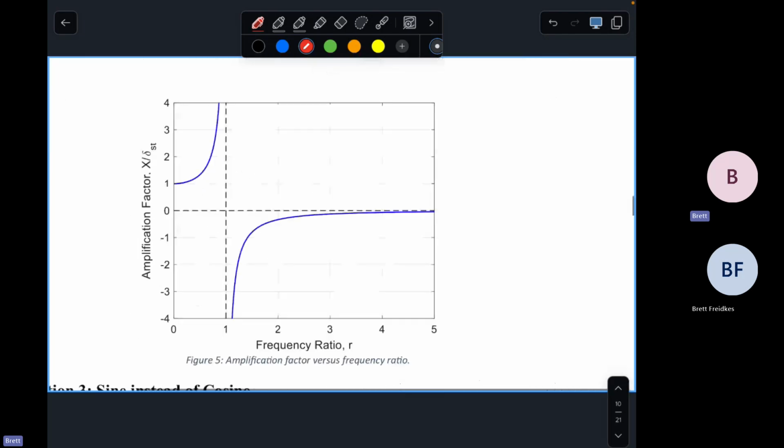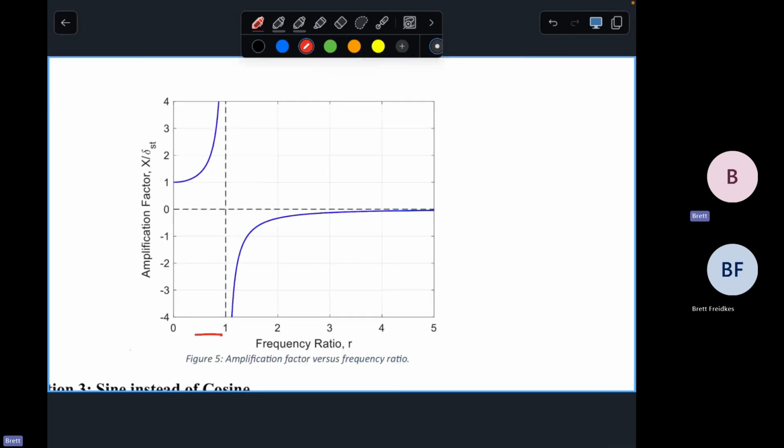So if you look, when you're less than 1, this is the amplification, or this is the frequency ratio in the x-axis and the amplification factor on the y-axis. And again, this is the equation we're plotting. When r approaches 1, this denominator gets smaller. 1 divided by a really, really small number will cause infinity, some infinite value.